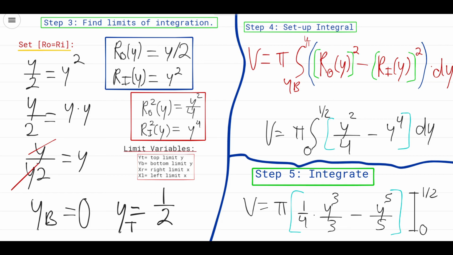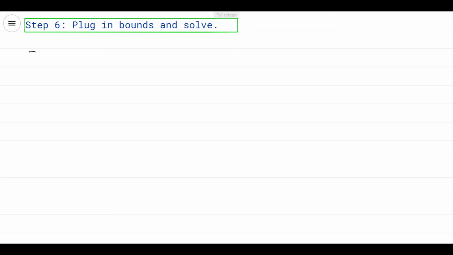So now let's plug in the bounds. So our integral was y cubed over 12 minus y to the fifth over 5, because 1/4 times y cubed over 3 is 1 over 12, bounded from 0 to 1/2.